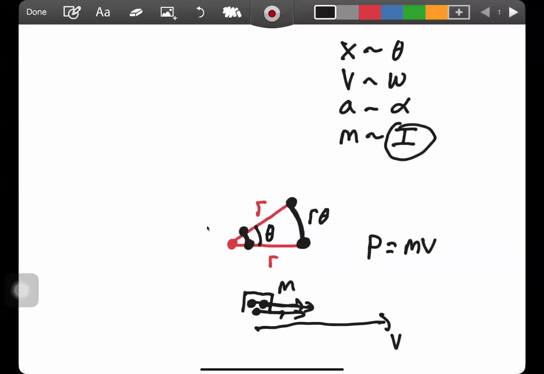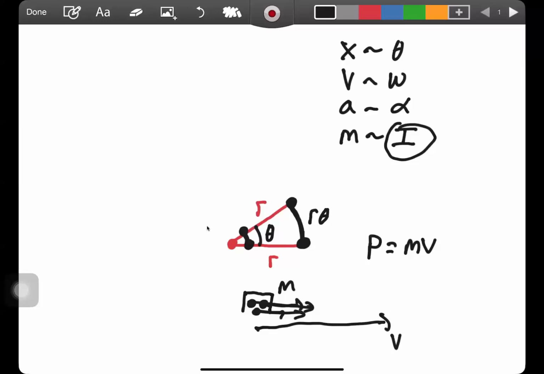And so just as everywhere in the linear equations where you saw x, you can convert it to the rotational equation, put in theta. Everywhere you saw v, you could put an omega. Everywhere you saw an a, you could put an alpha. I'm going to make a case that everywhere that you see an m, you can now put an I. And by the way, I is going to differ based on different shapes of objects, how the mass is distributed in those objects, and what the axis of rotation is.